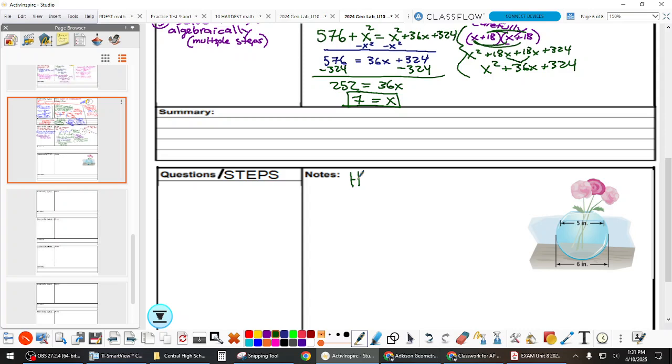Here's really what all those words say. How deep is the water? Probably on yours, I'd recommend doing this, like making the top kind of jagged, like we think of moving water, just so you know where the level of the water is.